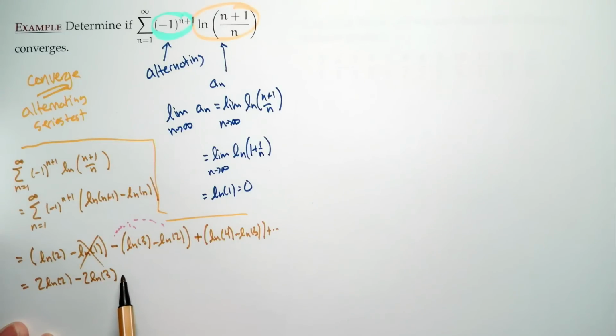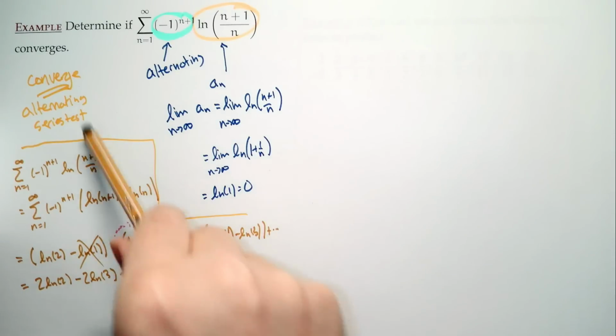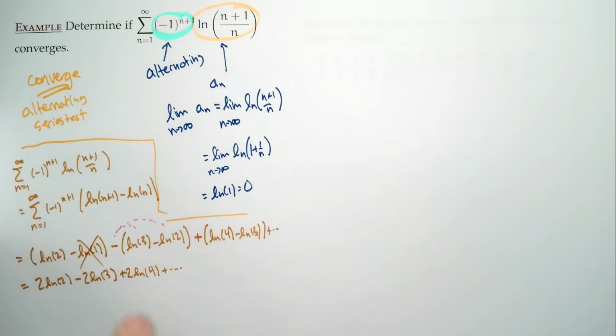And what you end up getting is a sort of a sequence doing something. Does it converge or not? Well, we know it converges. It's the alternating series test. So you want to be a little bit careful here. Of course, if you write it in this way, you might think, hey, wait a second.